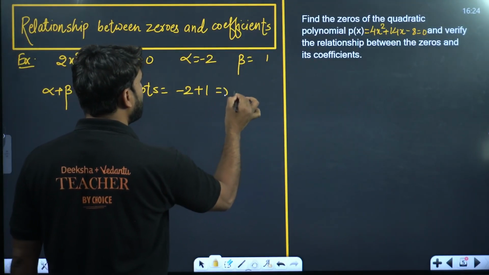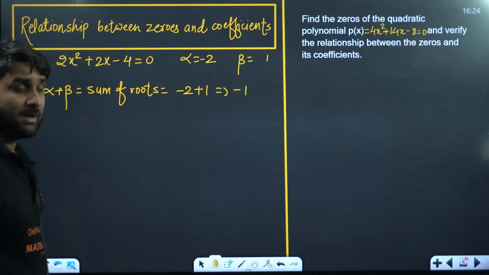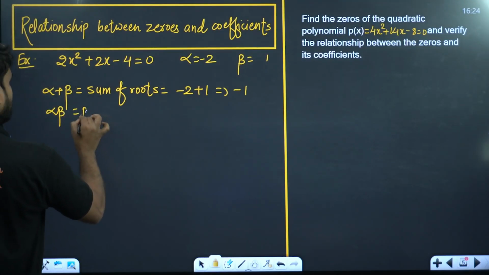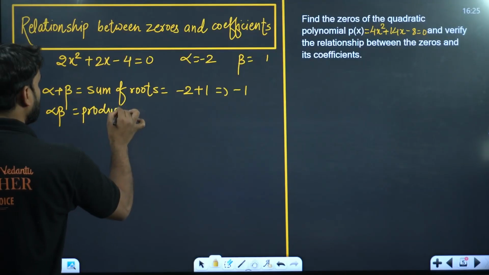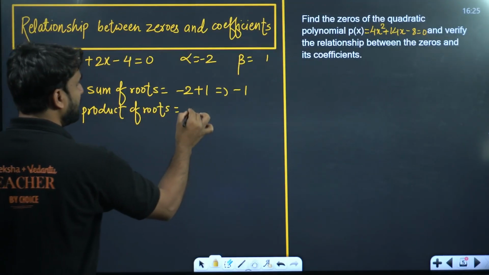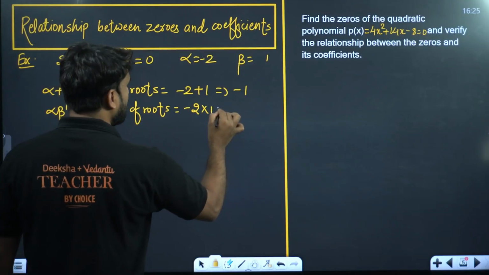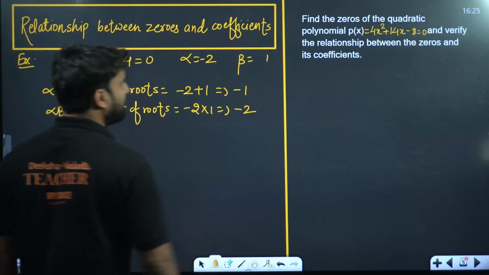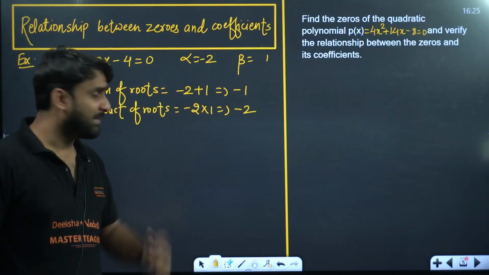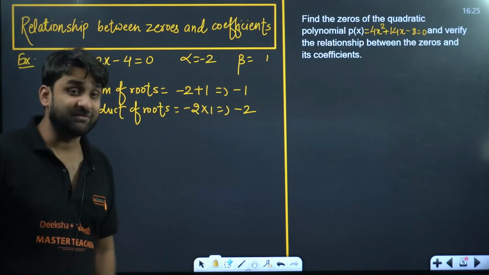You are getting -1. And if you do the product of roots, alpha into beta, so -2 into 1, what is the result here, champion? -2. Minus into 2, -2 into 1 will be -2. -2 plus 1 will be -1.